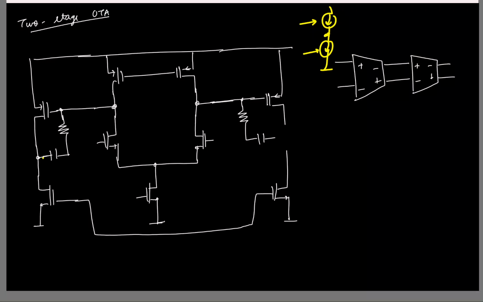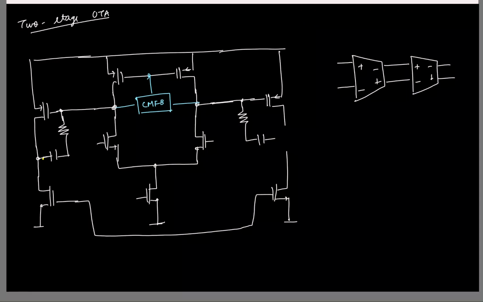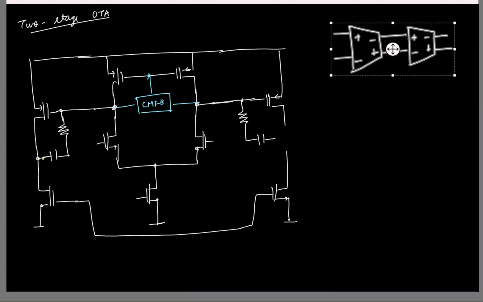So let's say I take this first stage, put a common mode feedback and set it like this. So let's see how we might be setting the common mode for the first stage. So again, first in the common mode feedback, what is the first thing we have to do?